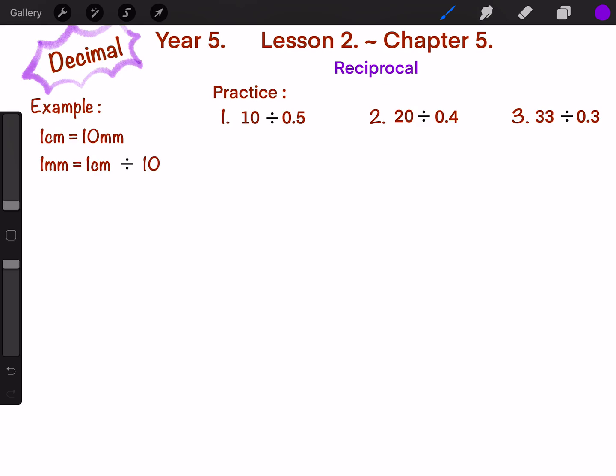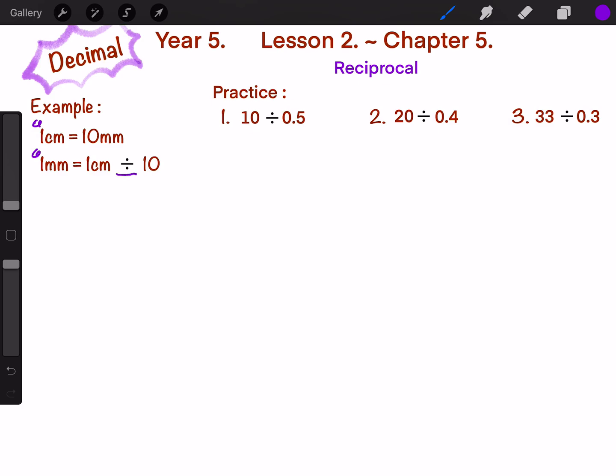In Year 5, Lesson 2, Chapter 5, we will introduce reciprocal. What is reciprocal? Let's check out the example first. We once learned 1 centimeter equals 10 millimeters. So, 1 millimeter equals 1 centimeter divided by 10.